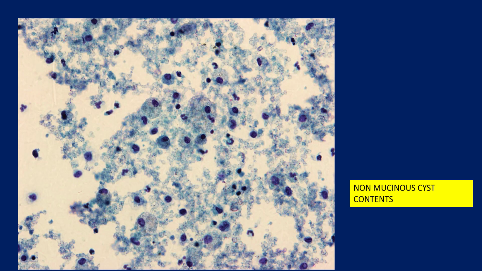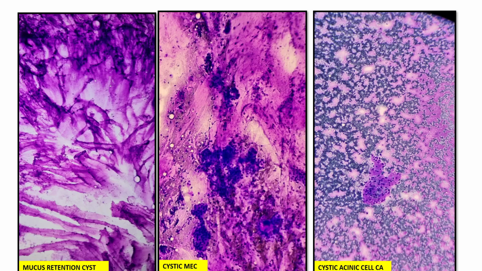You can have a simple non-mucinous cyst, where you just have cyst macrophages and may not see any epithelial cells. There is a particular way of using the MILAN system on these lesions. I shall talk about them a little bit later on. So these are just non-mucinous cyst contents.